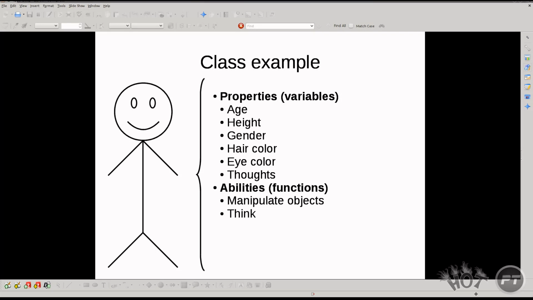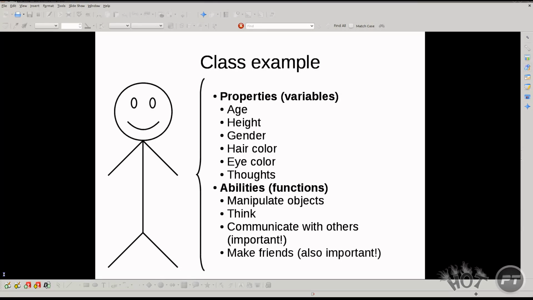In order to make those thoughts, we have to have the capability of taking data and then getting thoughts out of what that data might tell us. And we can also communicate with other people. Now, this is incredibly important because it becomes really relevant when we talk more about the specifics of the class paradigm. So keep that in mind. And we can also make friends with other people, which again is also important to understand.